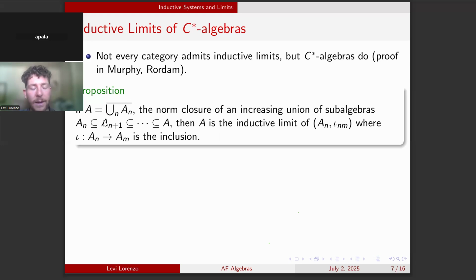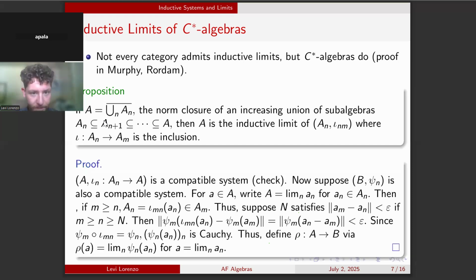So we can think about the system and the universal property, and compactify this information into thinking about this object as the closure of this increasing sequence of subalgebras in the case where we have inclusions. This will generalize a little when we're not necessarily working with inclusions.